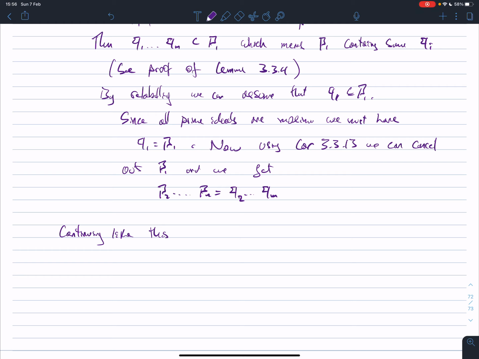You're going to get that n equals m, and after relabeling, Qi equals Pi, which completes the proof.